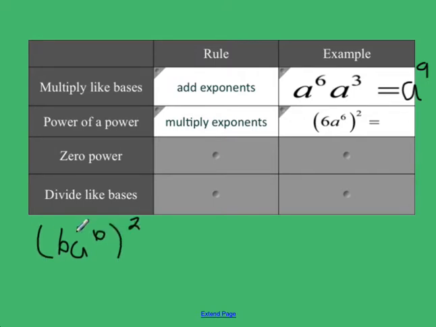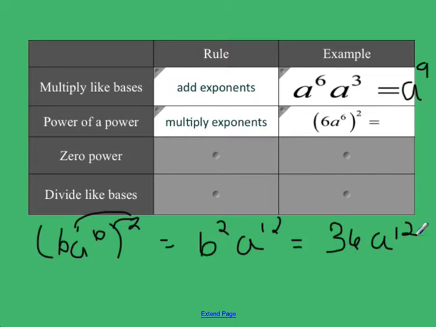Now, each part, even the 6 in the parentheses, has an exponent. So we have 6 to the 1st and we have a to the 6th. Each of those exponents needs to be multiplied by 2. So 6 to the 1 times 2 is 2. A to the 6 times 2 is 12. Well, 6 squared is 36 because that's the same as 6 times 6. And then we have a to the 12th. So that's how you would simplify that one.